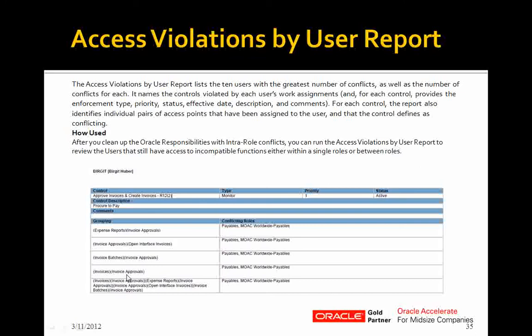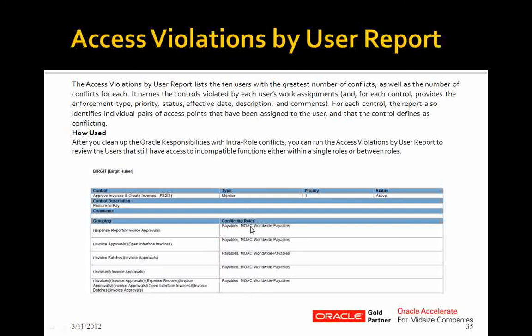So typically what I do is I like to use this after I have gone through the report that shows the intra-row violations, or the violations within a specific Oracle responsibility, and then run this report so that you can see, well, maybe you cleaned up the ones within a specific responsibility, which we have in here, as you can see, otherwise it wouldn't be listed.